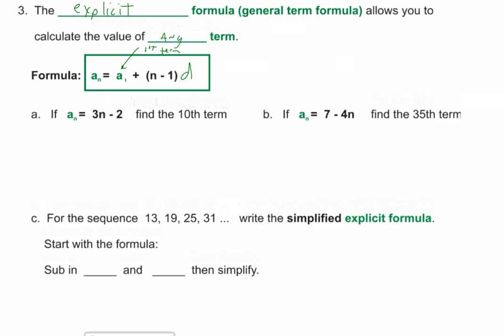Right, so A, you need to find the 10th term, and B, you need to find the 35th term. So here, I'll help you get started. That means you're simply going to do a sub 10. All right? So go ahead and finish that out. If you're not sure what to do, you can look up here. But go ahead and finish that out, and then go ahead and do the second one, do the 35th term.